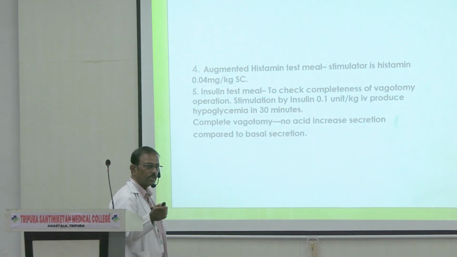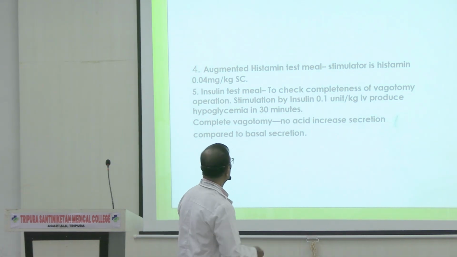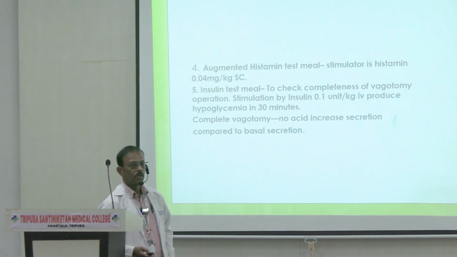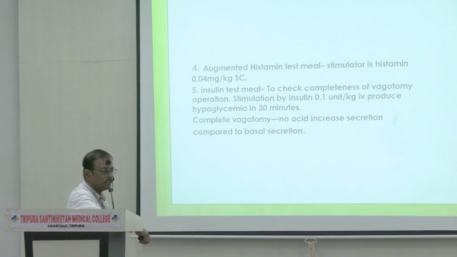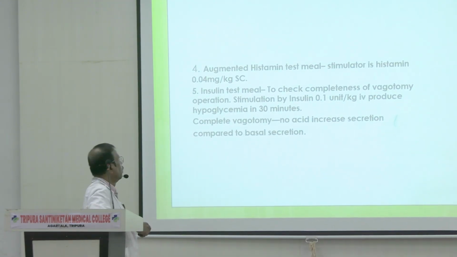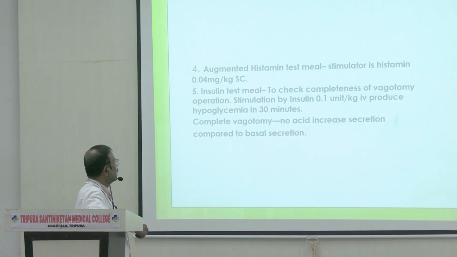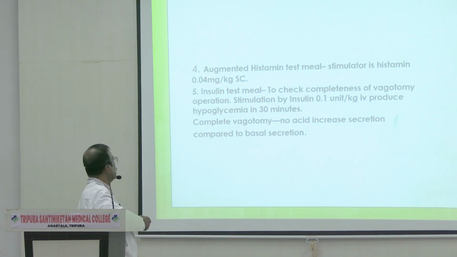To see the completeness of vagotomy, they used the insulin test. After giving the insulin, they estimate the juice. If it is not increasing, then vagotomy is successful. Only drawback of this test is that it can produce hypoglycemia, so it has to be done cautiously.